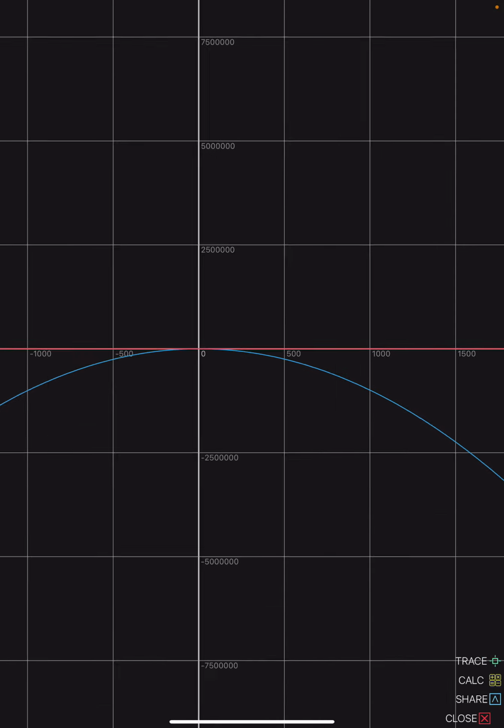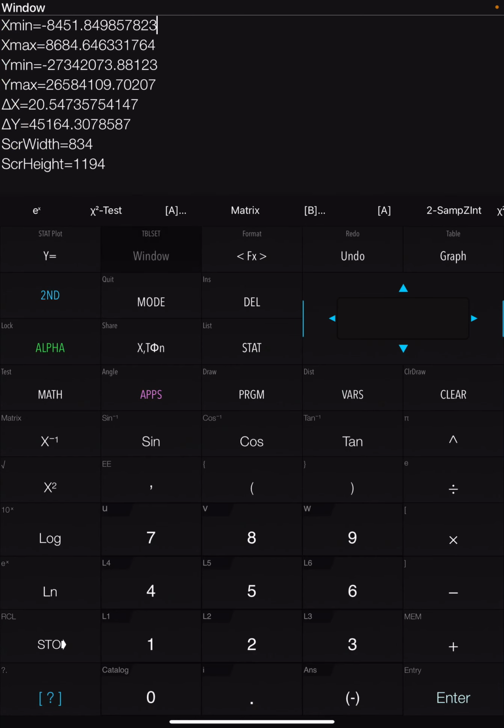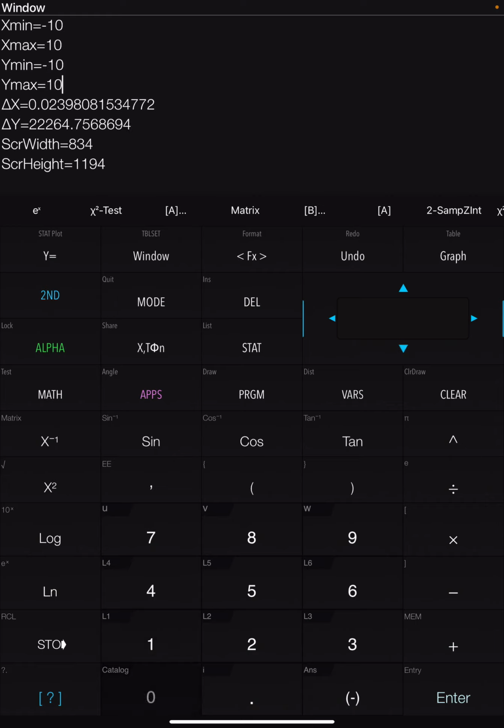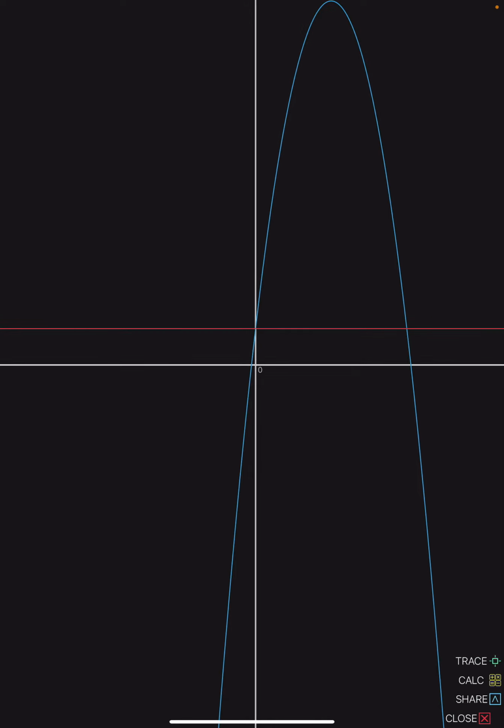There you go. Let me do the window. It's too big, so negative 10, positive 10, negative 10, positive 10, graph. There you go. So you see these two points, and I'm going to do calc.